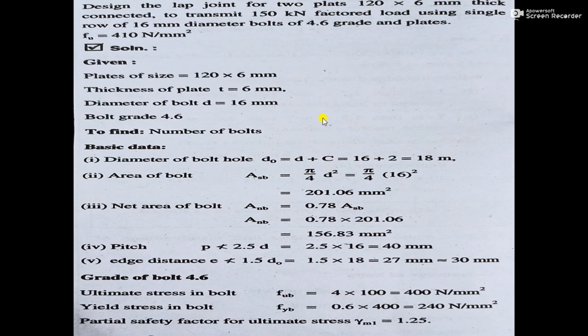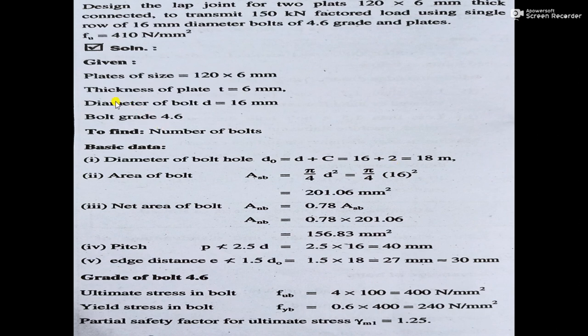When the nominal diameter is 12 mm to 14 mm, we have to add a clearance of 1 mm. But when the bolt diameter is from 16 mm to 24 mm, then we have to add a clearance of 2 mm, and above 24 mm nominal diameter we have to add a clearance of 3 mm.